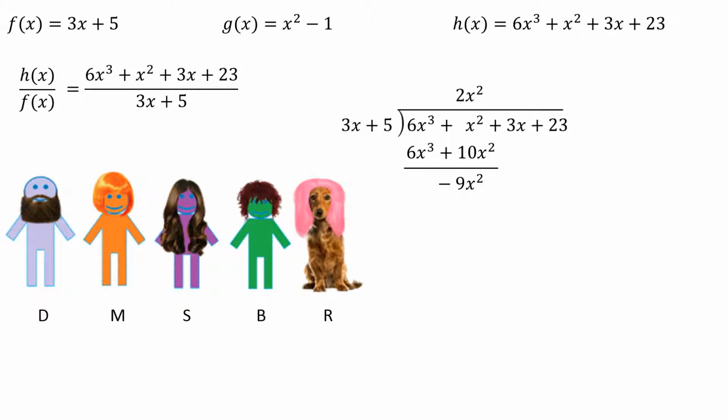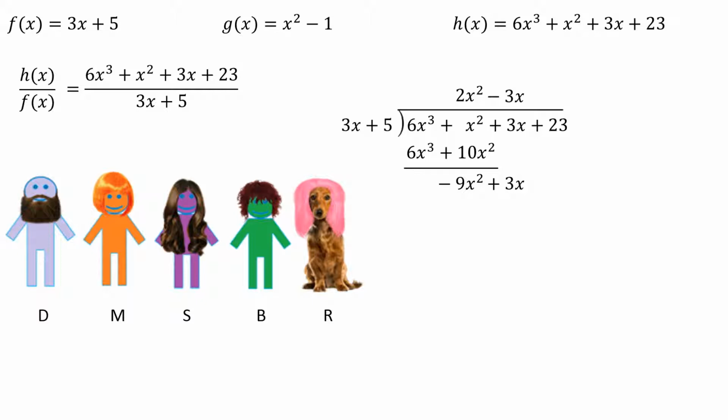Brother, bring it down, bring it down. Bring down that next term. Okay, now again, I'm going to focus on my 3x and the negative 9x squared. How many times will 3x divide into negative 9x squared? Well, I know 3 times negative 3 will make that negative 9. X times x will make that x squared.